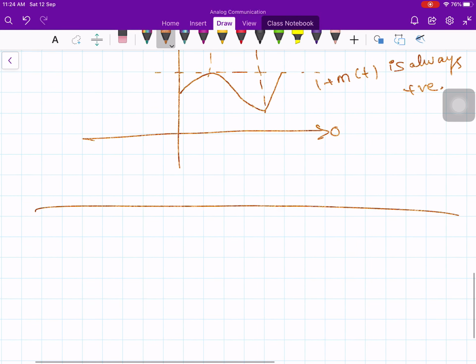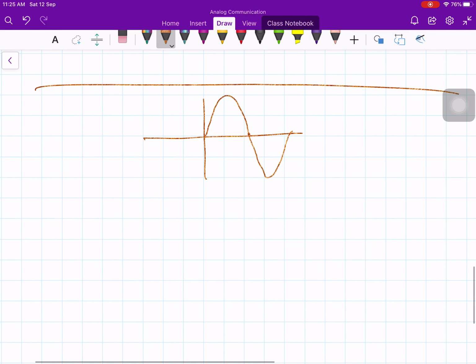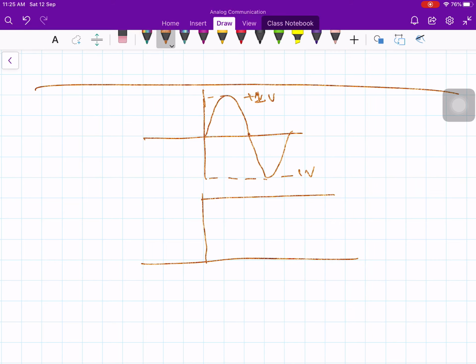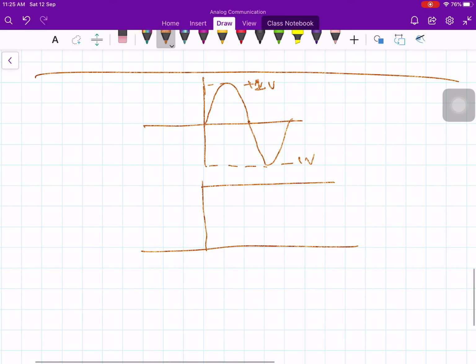In case you take a waveform like this, this is plus 1 volt and this one is minus 1 volt. Now you take 1 volt like this. Now if you add these two, then what will happen?